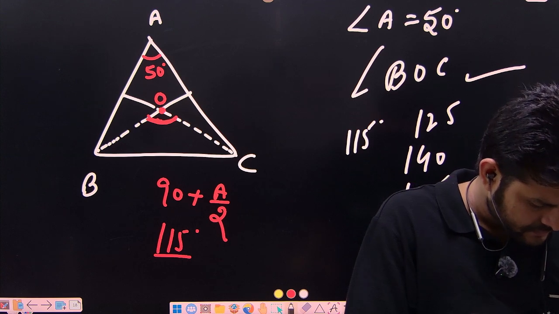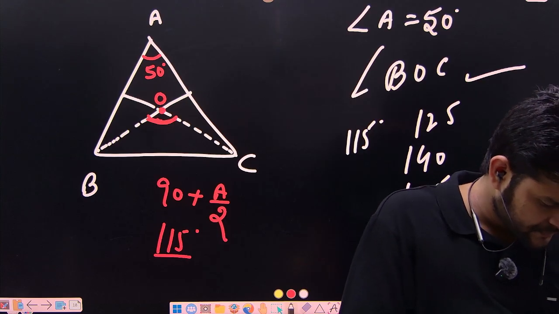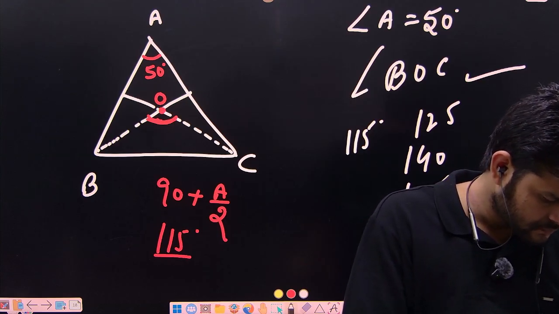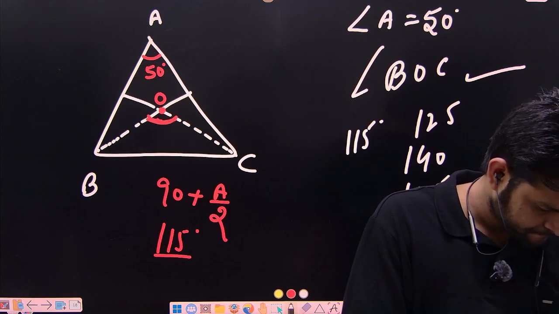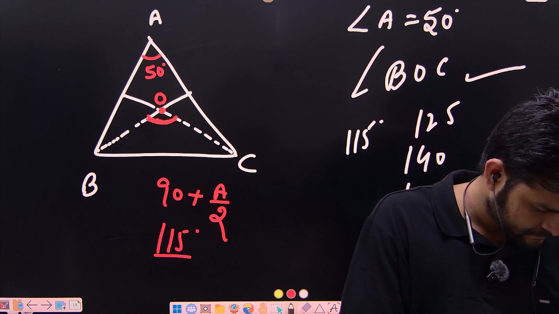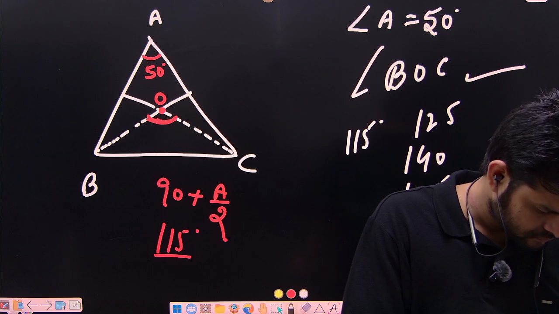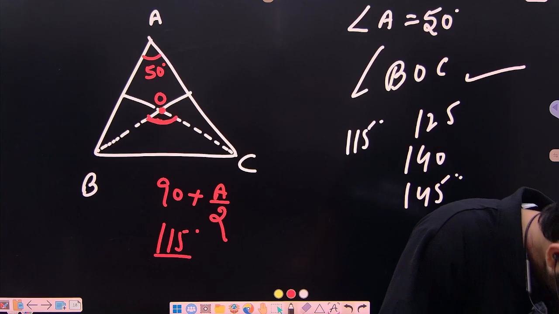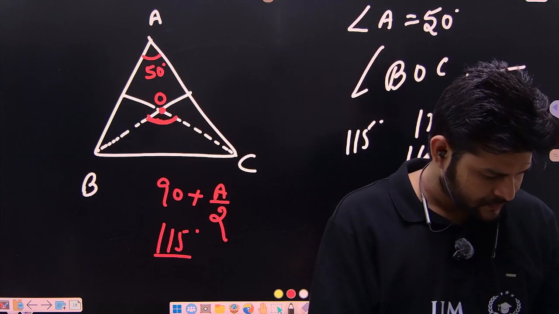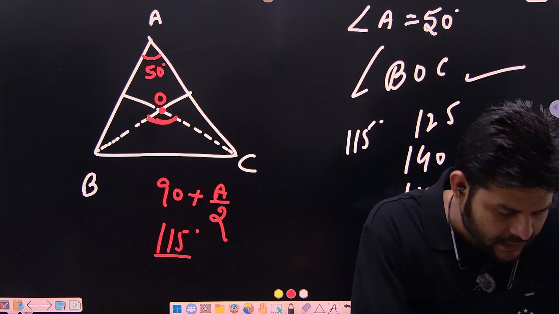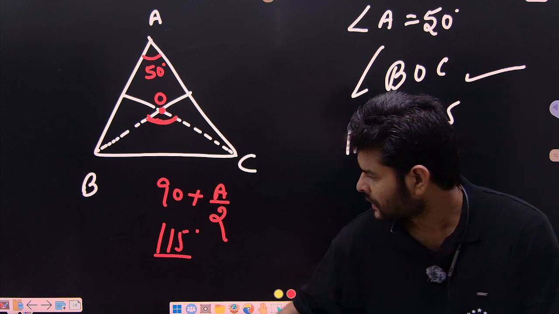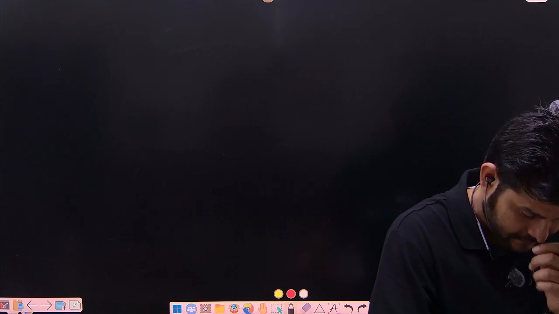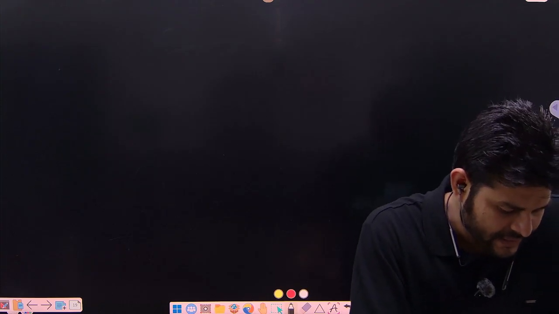Next question is: the radius of the incircle of a triangle is 5 centimeter, and its perimeter is 30 centimeter.